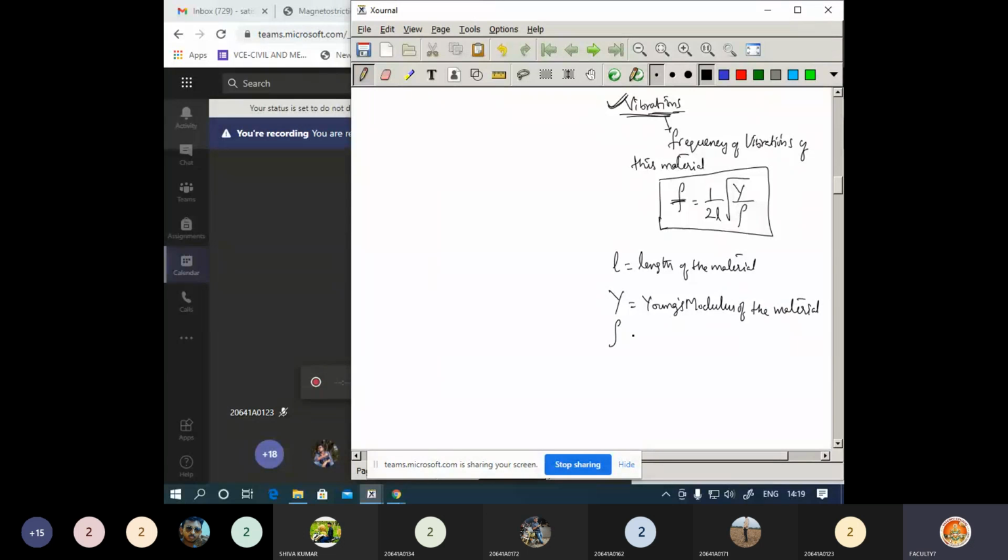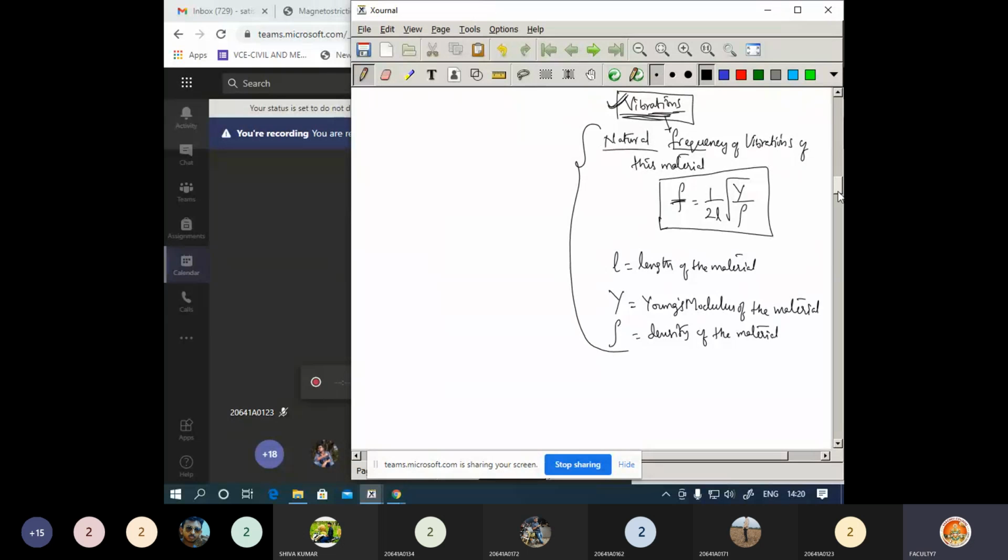Next, rho is the density of the material. Depending on these values, you can find the natural frequency of vibrations. Remember, we are getting the vibrations in every material, and the frequency of the vibrations can be given by this.